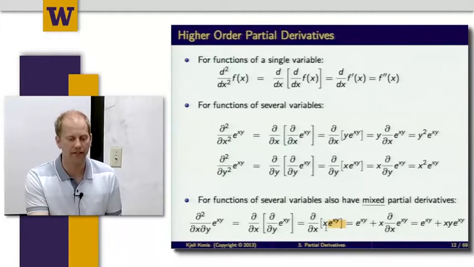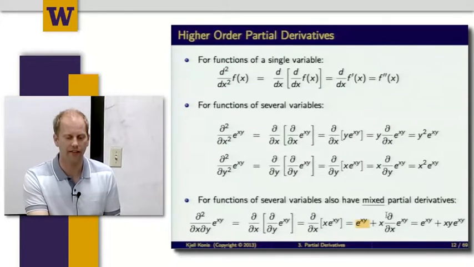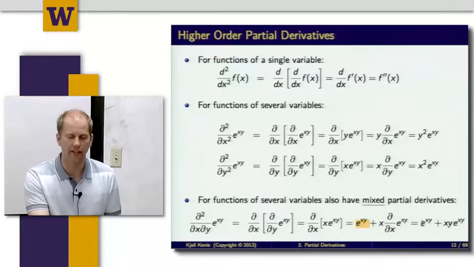So I have the derivative of the first function times the second function. So the derivative of x is going to just be 1. So the first term in the product rule is going to be e to the xy. Then plus the first function times the derivative of the second. So I'm going to take x times the partial with respect to x of e to the xy. And we already worked that out above too. So I have e to the xy plus xy e to the xy.